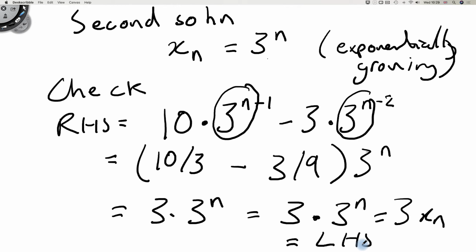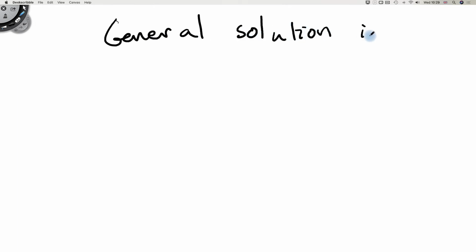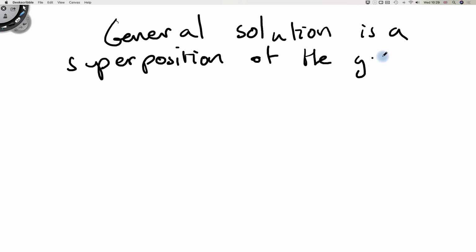And so the general solution now is a superposition, and you can just add them, of the growing and decaying solution.